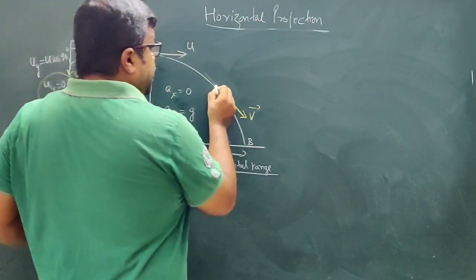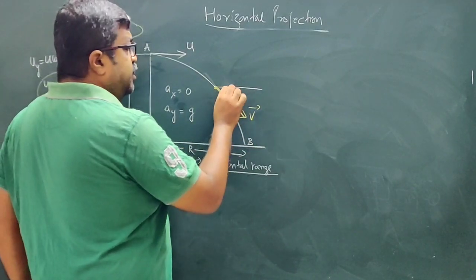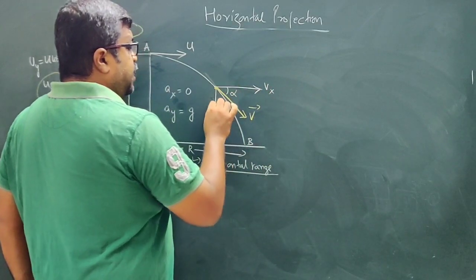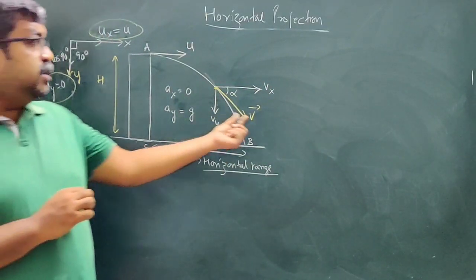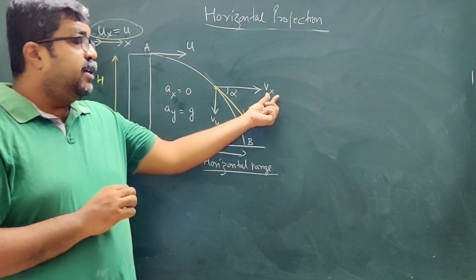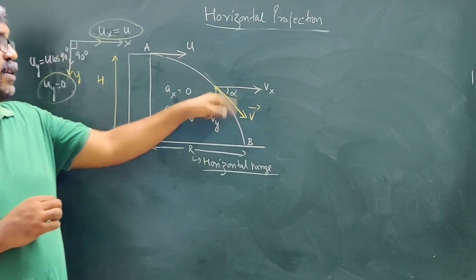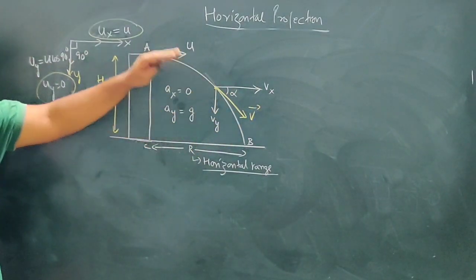Now I can resolve this velocity into two components. This is the horizontal direction. Suppose this angle is alpha. So this is Vx and this is Vy. This is the x component of velocity and this is the y component. Alpha is the direction of velocity, the angle with the horizontal.